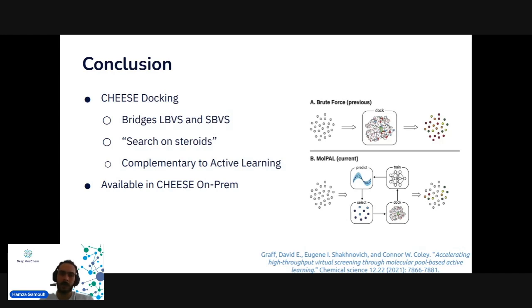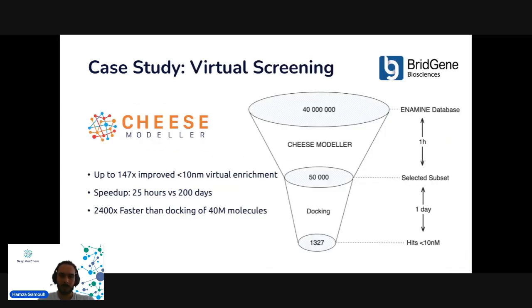Active learning is more or less trying to accurately model an expensive docking function like AutoDock Vina, for example, in order to guide the search in a large database. So this approach is similar, but it's complementary because it uses similarity search instead. As I told before, CHEESE docking is available in the CHEESE on-premises version, and you can contact us for that.